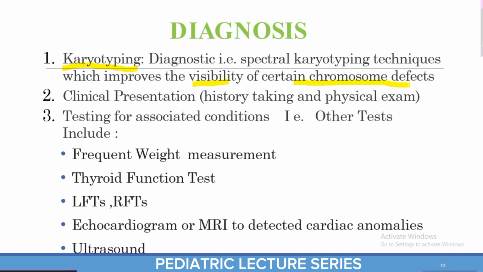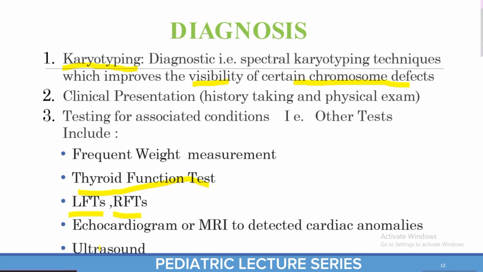And then also there are some supportive tests that we can do. This can predict the likely complications that can develop with this condition, and therefore make us be prepared. These can include frequent weight measurement, thyroid function tests, liver function tests, renal function tests.